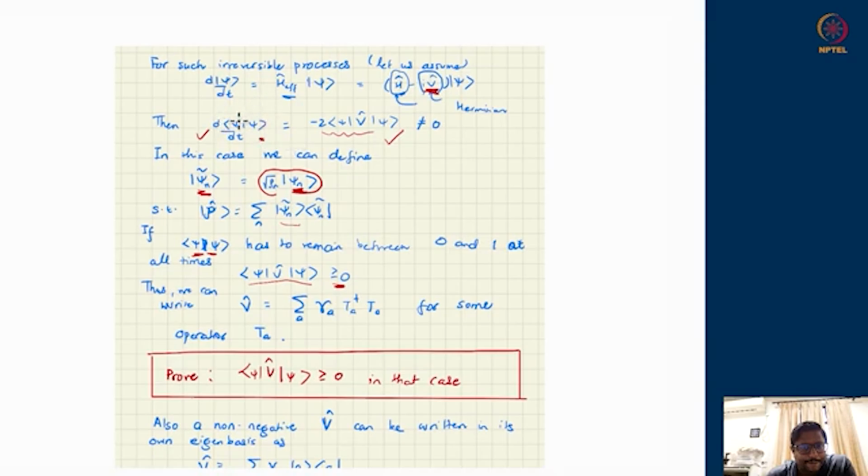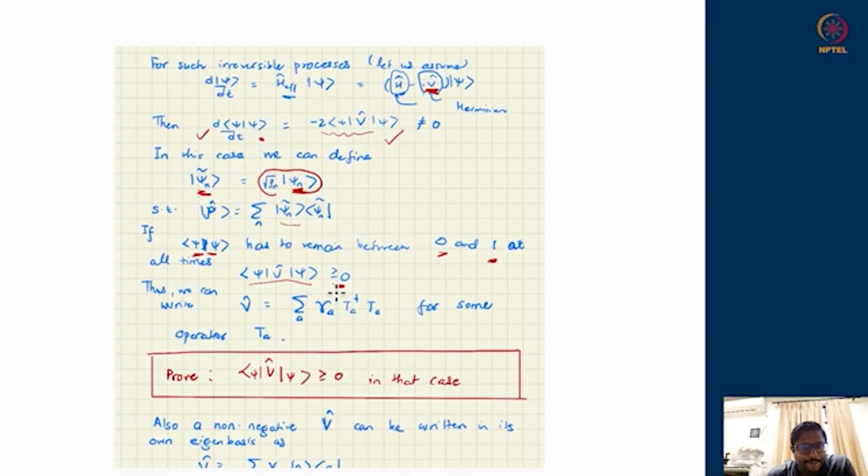Secondly, since this is a positive semi-definite quantity, the inner product of psi is the mod square of psi in position space integrated over, so it cannot ever achieve a negative number. So both the requirements, that it remains between the 0 lower bound and 1 upper bound, would be realized if the expectation of V is positive semi-definite.